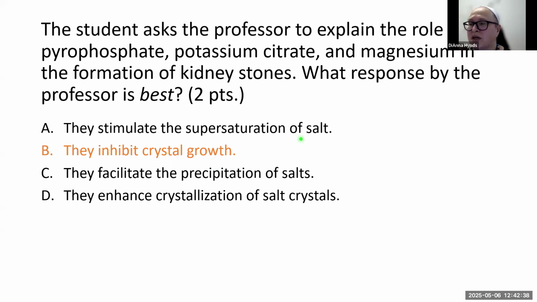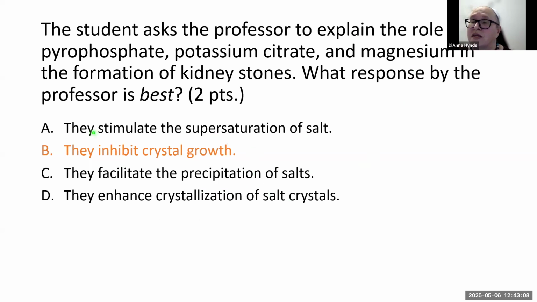When you supersaturate a salt in solution, that's at the point where with any crystallizing event, so any nucleating event, you're going to form the crystals. So the solution is supersaturated. In C, if these 3 things facilitated the precipitation, you would also be forming crystals. And D directly says that they enhance the crystallization of salt.